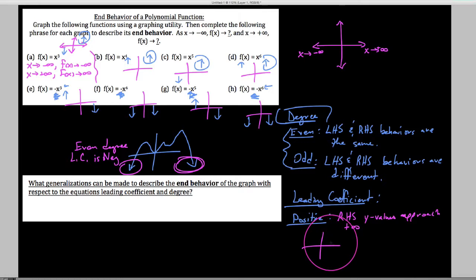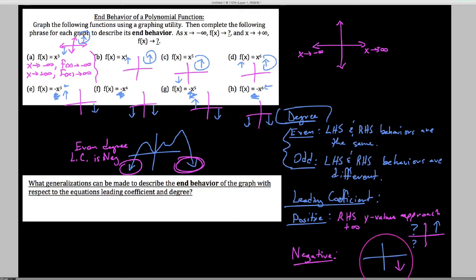So that means on the right side of our graph, let me try to squeeze this in here, on the right side of our graph, it goes up. So it could be like here, here, here, but it's up on the right side. And a negative leading coefficient means that on the right side of our graph, it ends downward. It may start up or start down on the left, but it ends downward, okay?